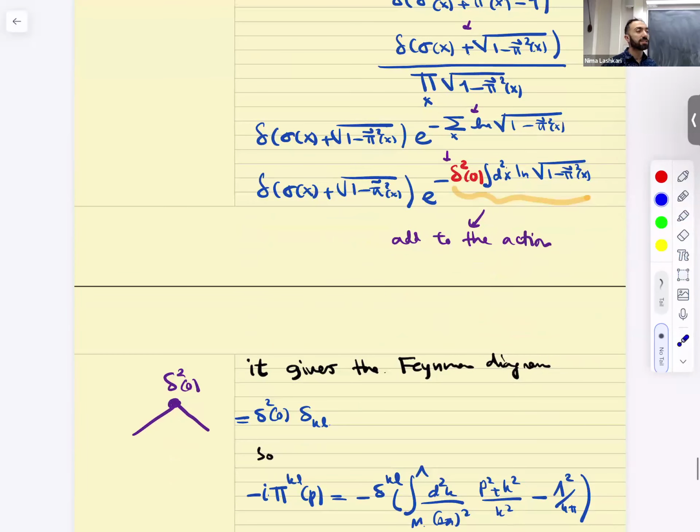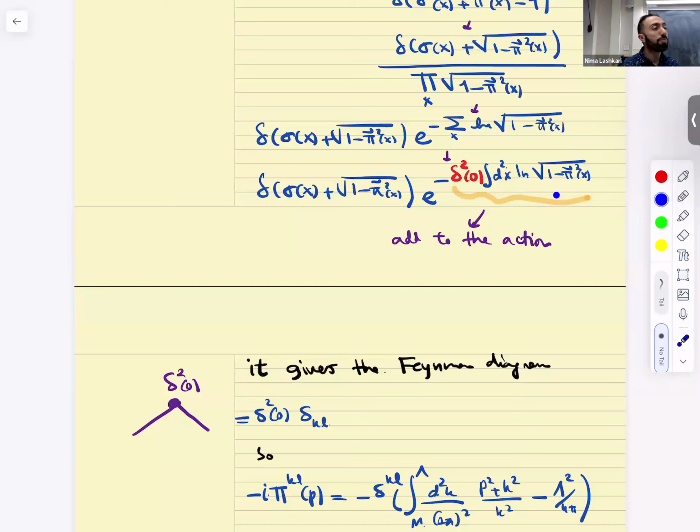What's the interpretation of it? If I were to draw Feynman diagrams, well, let's take this and expand it. To first order, it's going to be just pi squared. Ln of square root of 1 minus x squared is just going to end up being pi squared up to a coefficient. Actually, yes, the coefficient is a half.